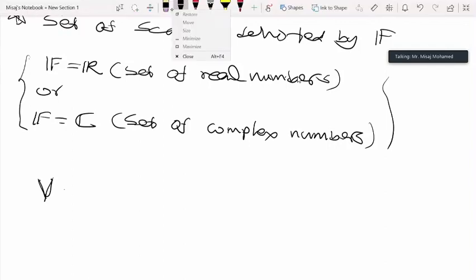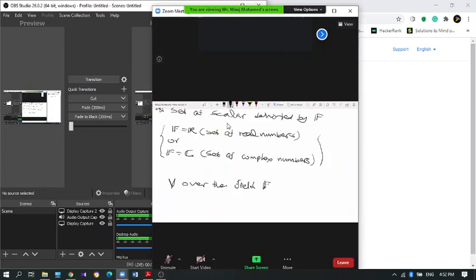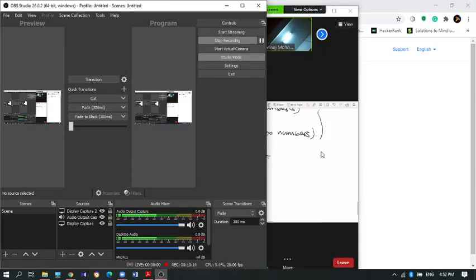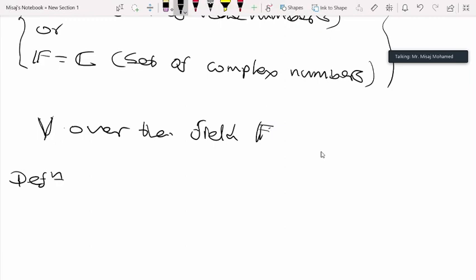If you want to say that this set of vectors is a space over the field F, there are some conditions. There are some conditions to be satisfied by these vectors. So I will write the perfect definition for this one.